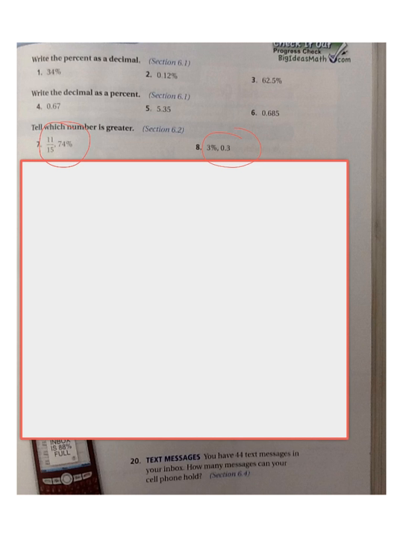Okay, here we go. So we have 11/15 and 74%. I'm going to convert these both to decimals. If we have a fraction, 11/15, in order to convert that to a decimal, we simply divide 11 divided by 15, and that equals 0.73.